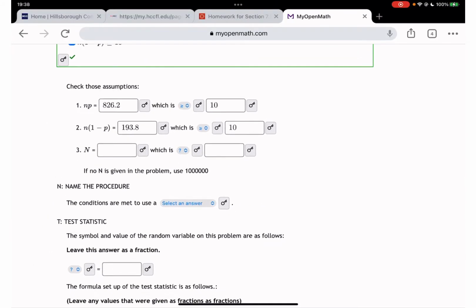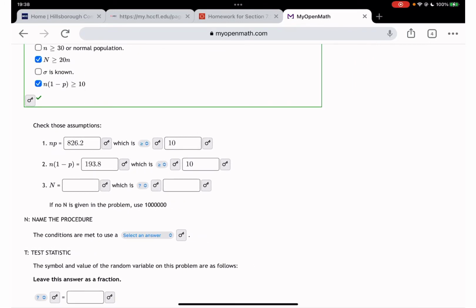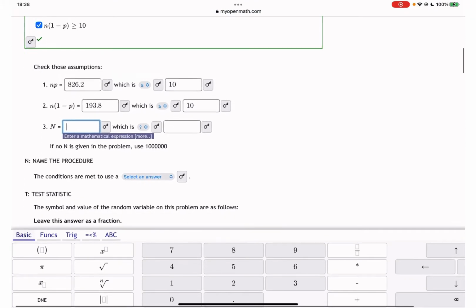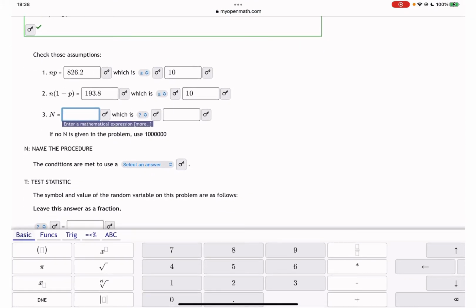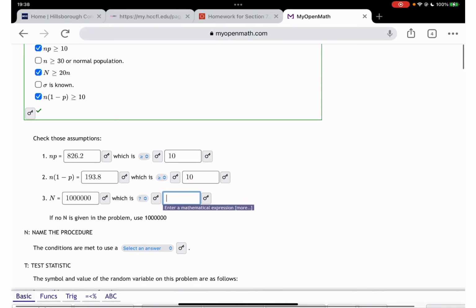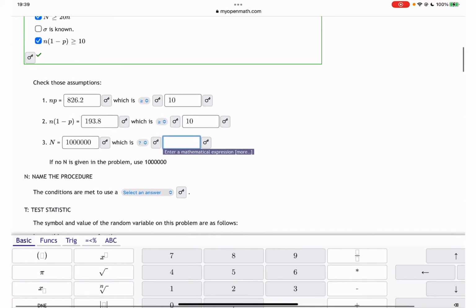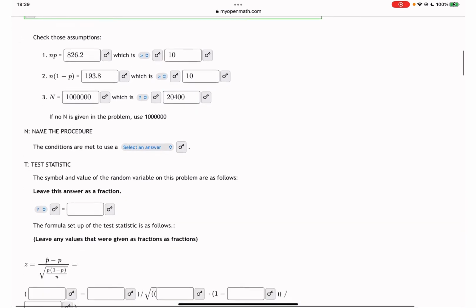So we take 1 million, n equals 1,000,000, which is greater than 20n. Our n is 1020 times 20, which gives us 20,400, and 1 million is definitely greater than that. Okay, let's check.